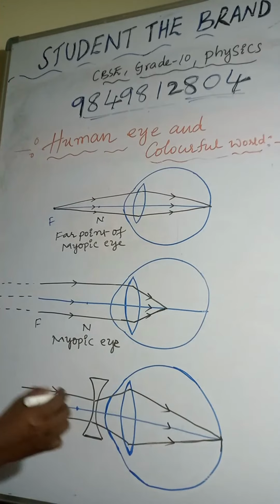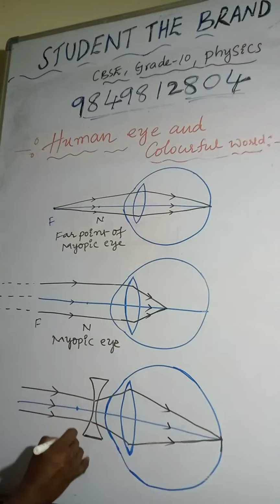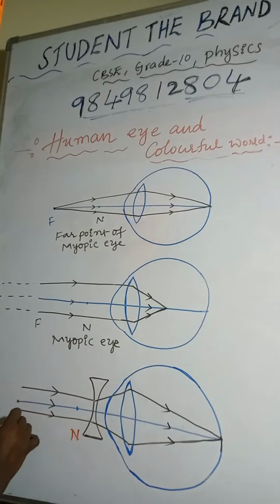So here you can observe, these light rays are coming. This is the near point. This is the far point. So light rays are coming from here.